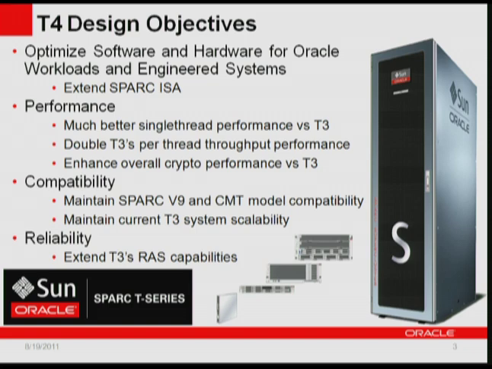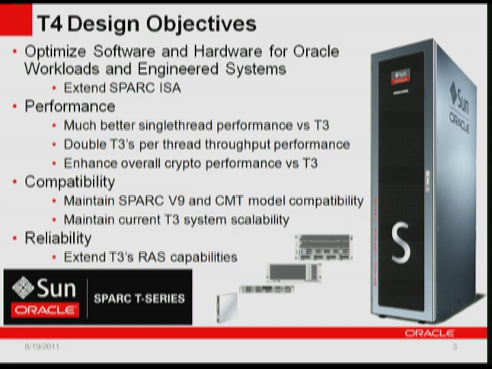Another thing we wanted to do with T4 was to give it a much broader performance envelope than what we previously had with our T3 server processor. Compared to T3, T4 has much better single-thread performance. It has significantly better throughput per strand performance, and it has improved overall core crypto performance.